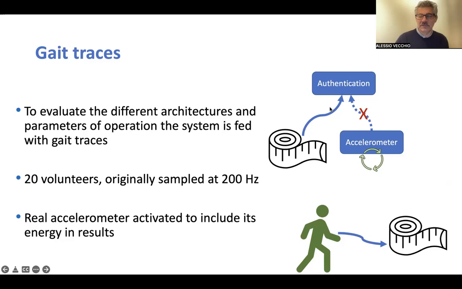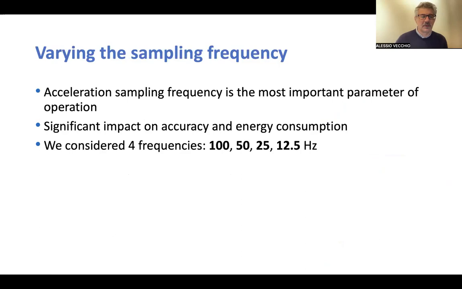The real accelerometer on the smartwatch was activated to include its energy budget in the results. But the data was actually coming from the pre-recorded trace. We varied the sampling frequency.